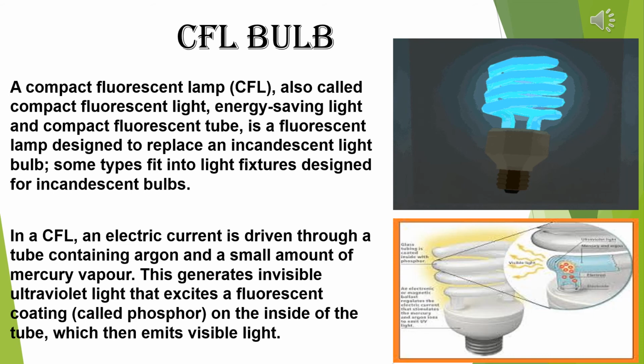So it's more economical than an incandescent bulb. A CFL has a higher purchase price than an incandescent lamp, but can save over 5 times its purchase price in electricity costs over the lamp's lifetime.